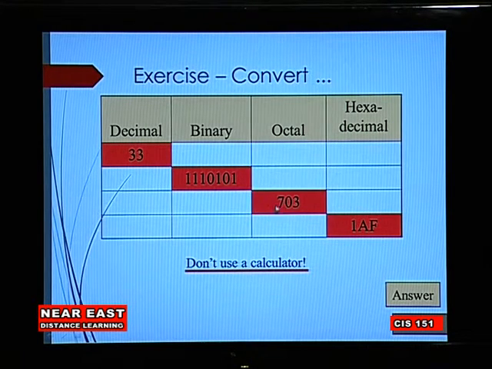We're going to convert 703 in octal to binary, decimal, and hexadecimal. We're going to convert this hexadecimal number, 1AF, to octal, binary, and decimal. In the final exam, you are not allowed to use a calculator or your phone, so you have to study very well to do these calculations.